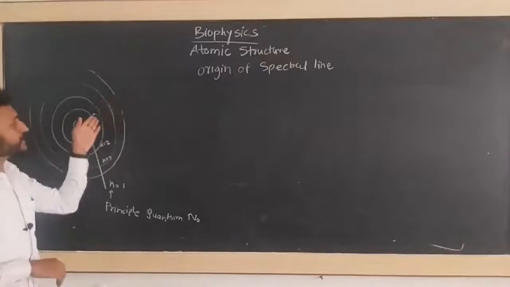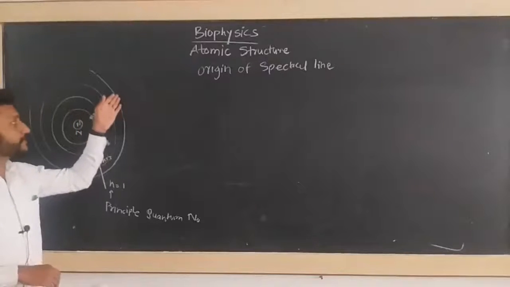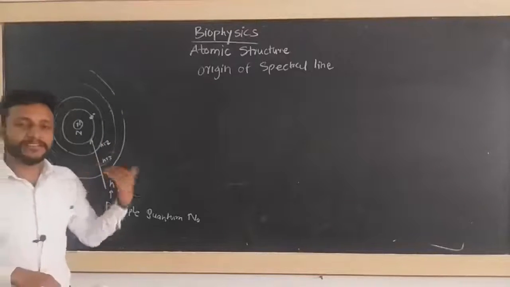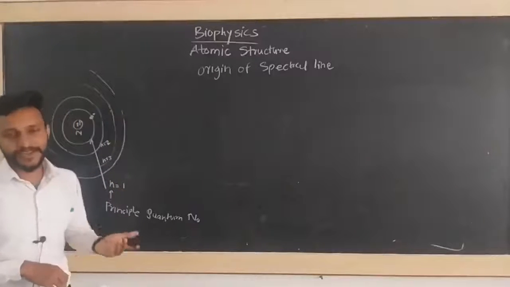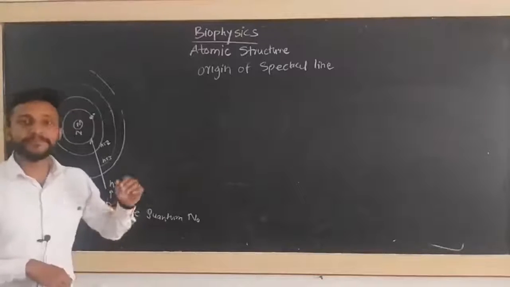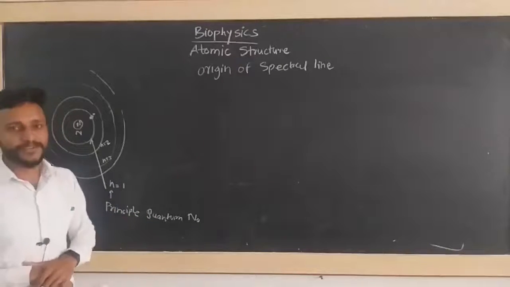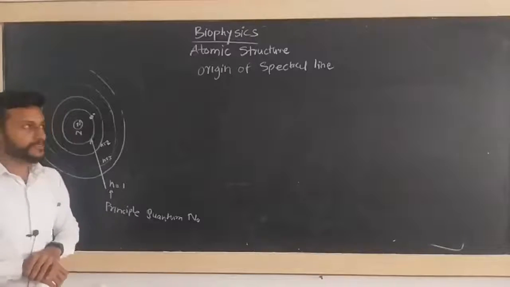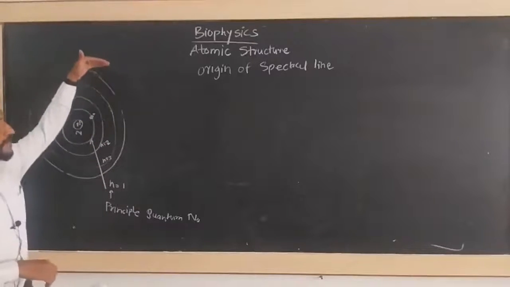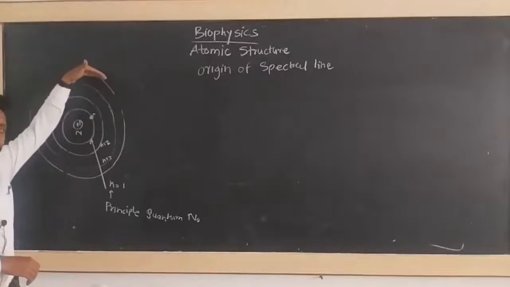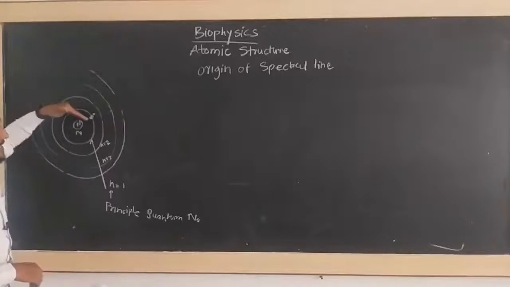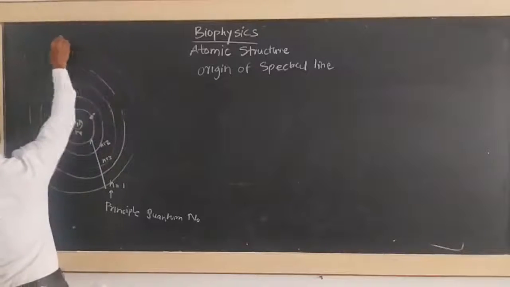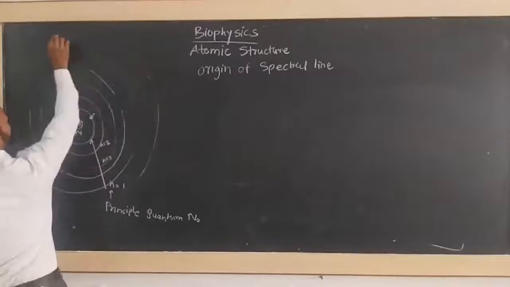So during the de-excitation process, while the electron jumps from the higher energy level to the lower energy level, it emits radiation in the form of electromagnetic waves or photons having energy E equal to h nu, as we have seen. When the de-excitation occurs, the electron jumps from a higher energy level to a lower energy level, because the highest orbit has the highest energy.